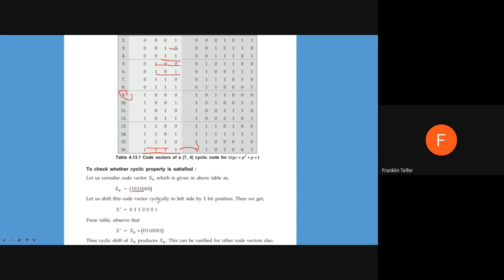Let us shift this code vector cyclically to the left by one bit position. So let us move this 1 to the LSB. So you get 0, 1, 1, 0, 0, and the last bit you will have 1. From the observed table, this code word is nothing but number 8, the previous code word 0, 1, 1, 0, 1, 0, 0, 0, 0, 1.